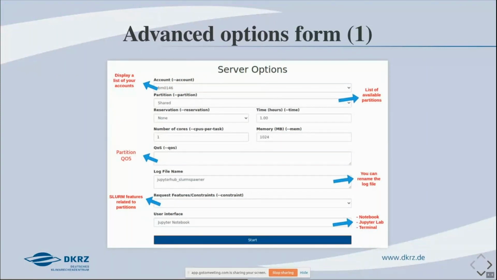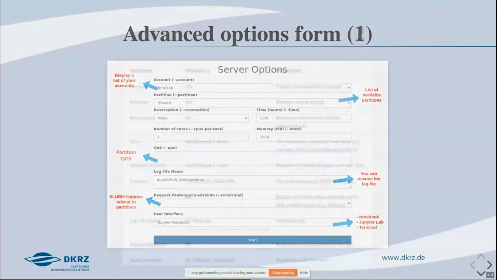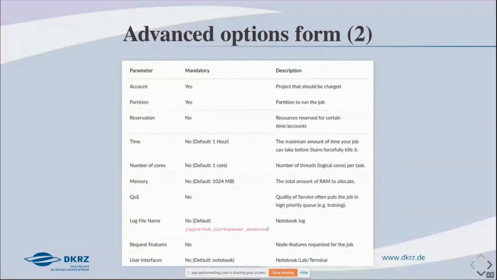You can also name the log file. This table shows the parameters and their descriptions, and this is also available in the documentation. You can take a look there to see the definition of each parameter.